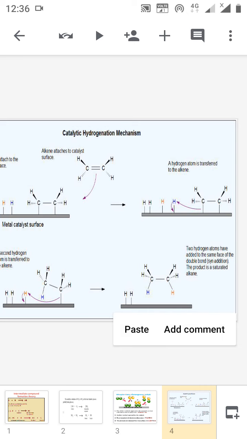Now, in the adsorption theory of heterogeneous catalysis, the efficiency of the reaction can be increased by using a finely divided metal as the catalyst.